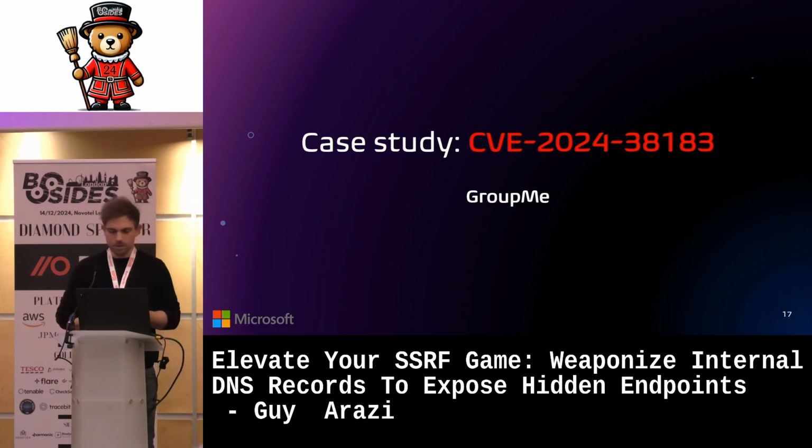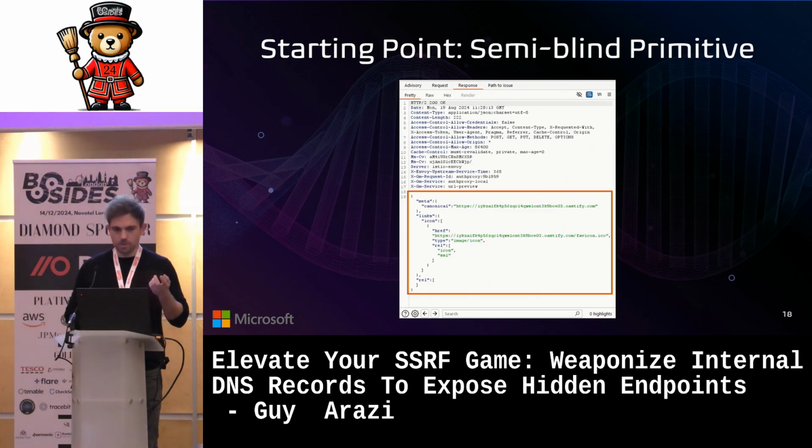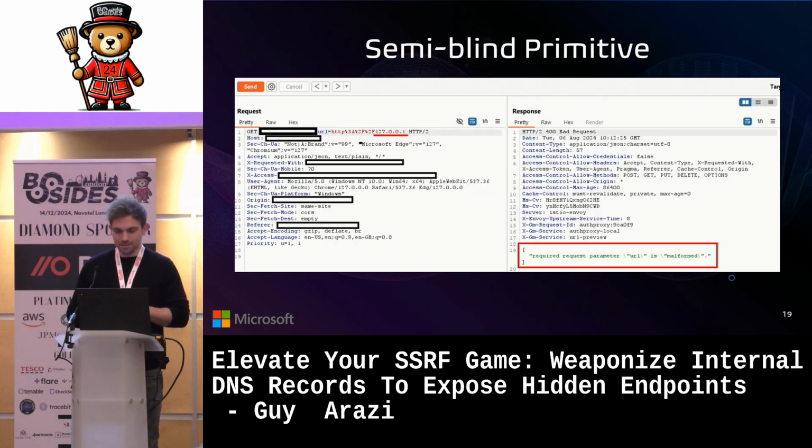So this CVE was rated 8.8. It's a GroupMe service, a Microsoft one. It started with a semi-blind SSRF primitive. And essentially I tried to access the localhost, but for some reason, no matter what I did, everything was getting blocked.